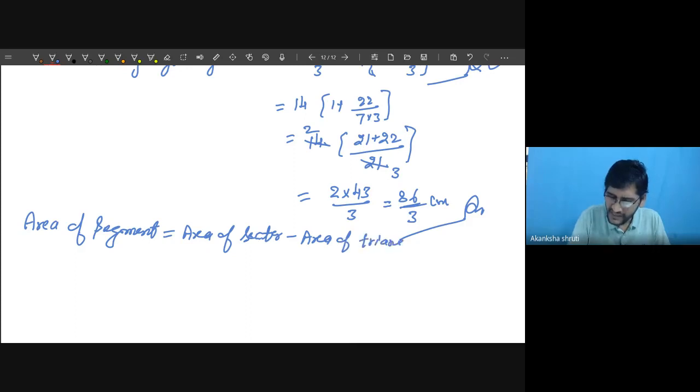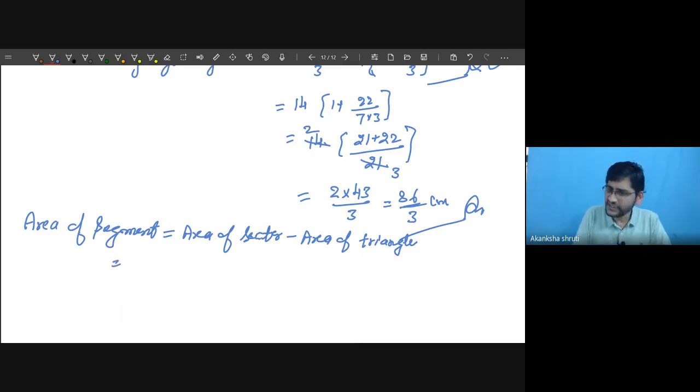Student, you always write this standard formula, this connected formula together. Do not calculate the area of sector at one place, then area of triangle, then subtract. You will get the same result, but there will be wastage of time, and there is also a chance of calculation error. But if you substitute in this, then if there is a minor calculation error, the marks deduction will not be so significant.